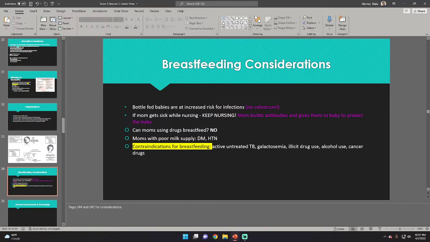Mothers should watch their infant, not the clock. What an infant is doing at the breast when they're skin to skin is a better indicator of milk transfer than the actual amount of time spent there. So don't say, hey, I'm only going to do this for 30 minutes. It's really whenever the baby wants to stop.